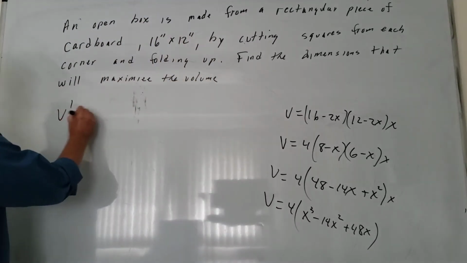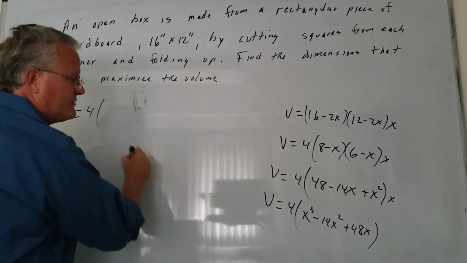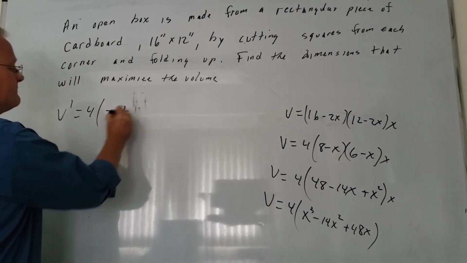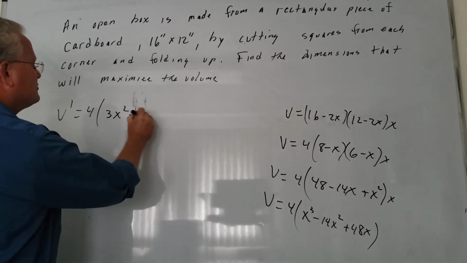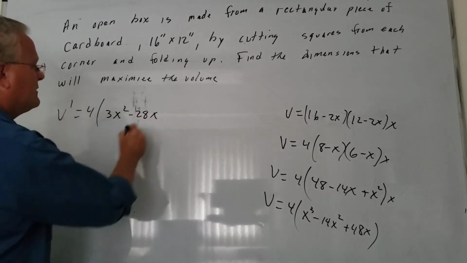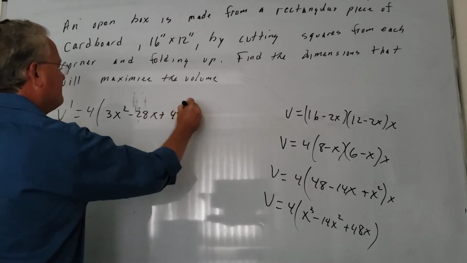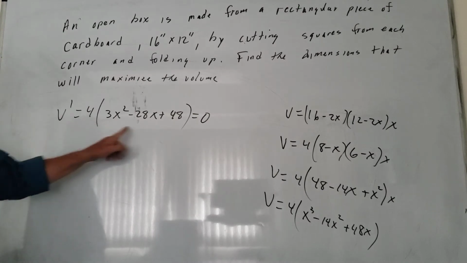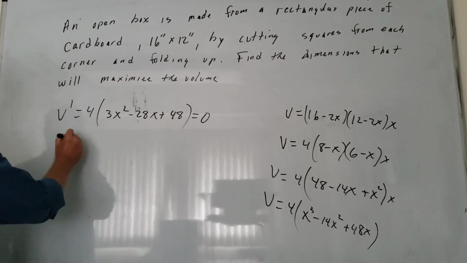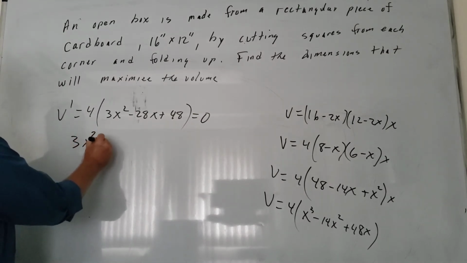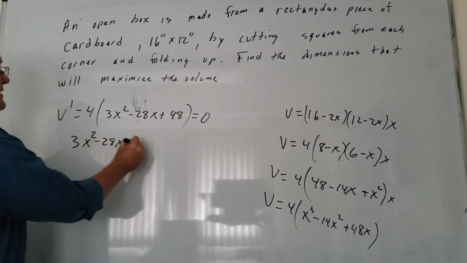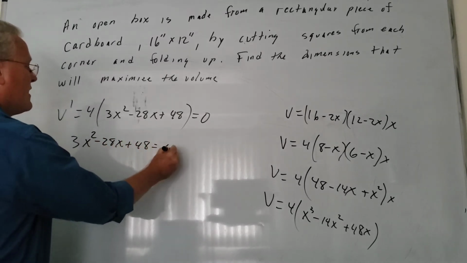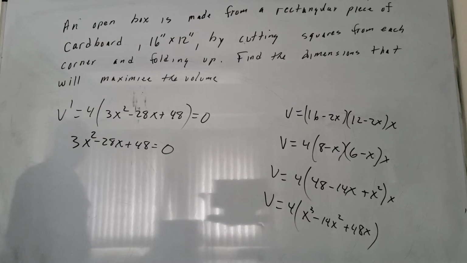So the derivative is 4 times 3x squared minus 28x plus 48. And we want to know, when is this 0? If we divide both sides by 4, what we're really solving is 3x squared minus 28x plus 48 equals 0.